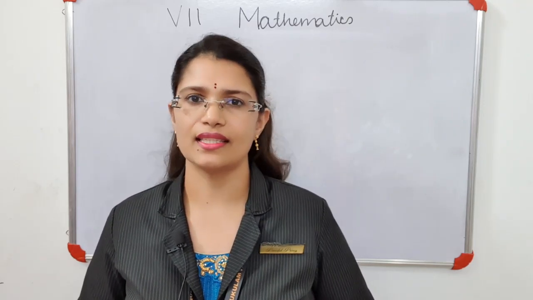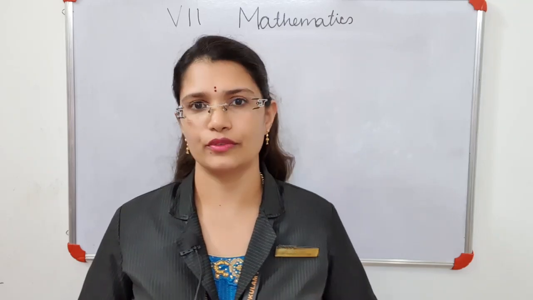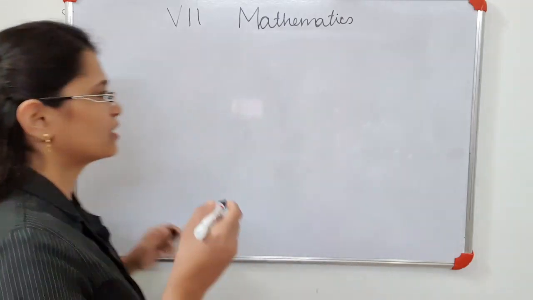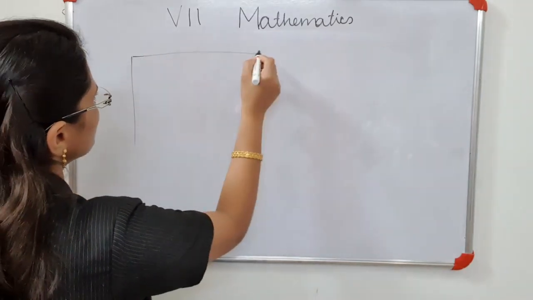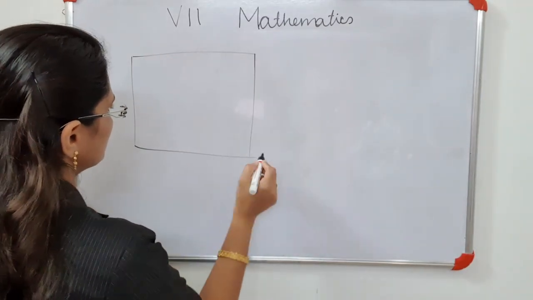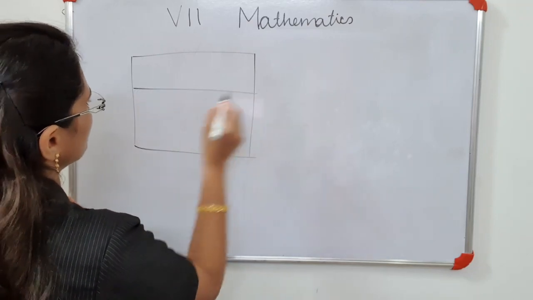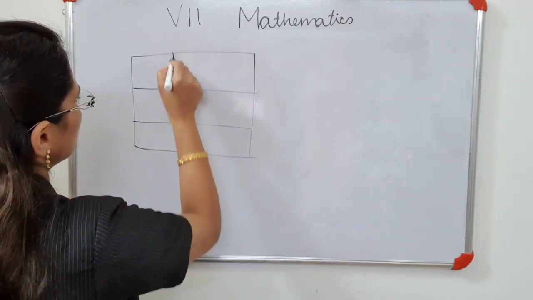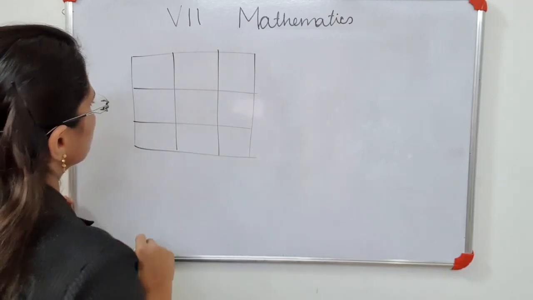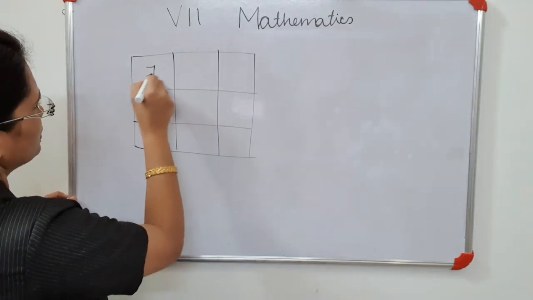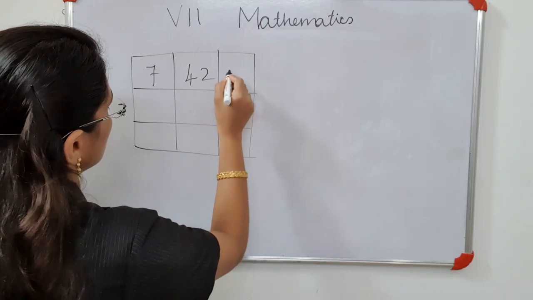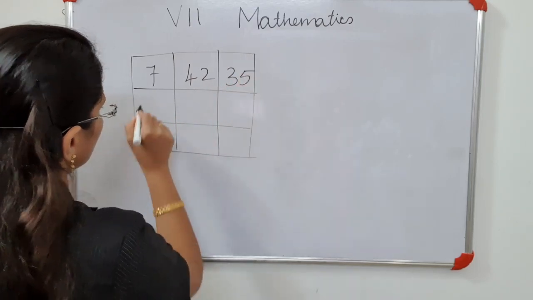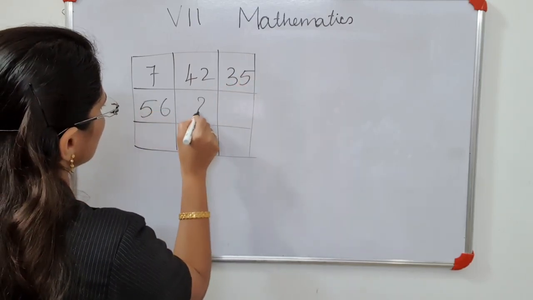Children, do you like puzzles? I'll give you one puzzle now, okay? First, draw a box. 1, 2, 1, 2. So here 7, 42, 35, 56, question mark.